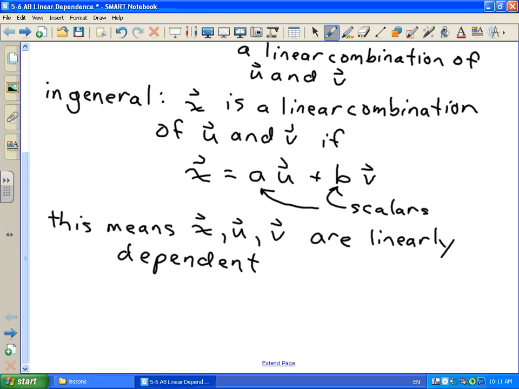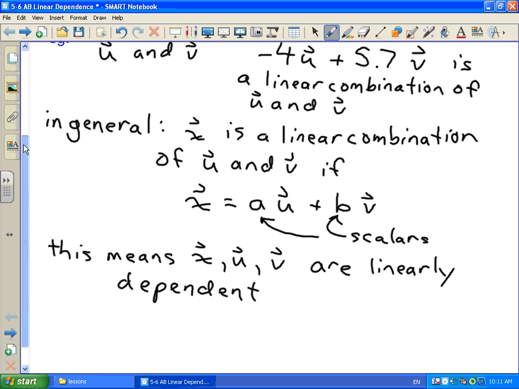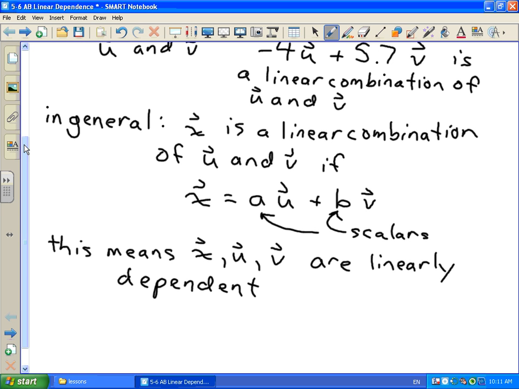So if we can take one of these vectors, in this case x, and make it a linear combination of the other two, that means the three vectors that we're looking at are linearly dependent. And we've seen this before.